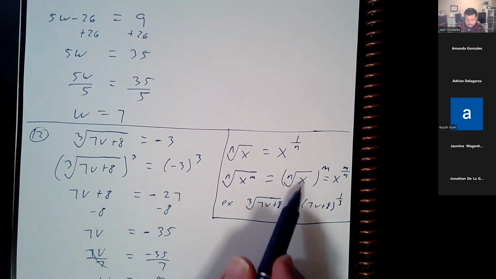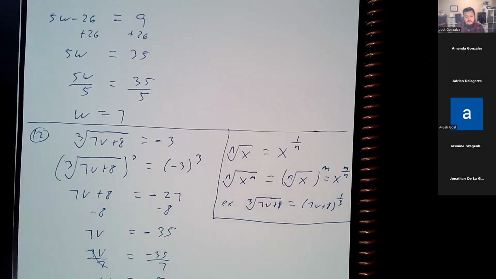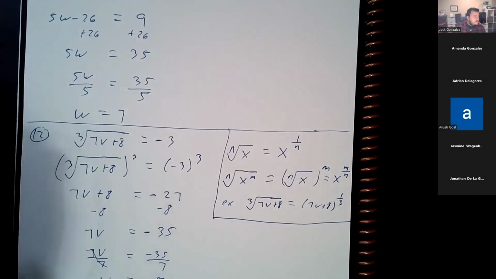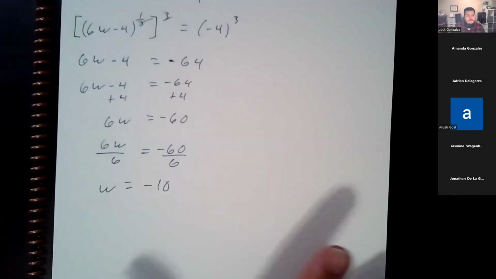So deal with this and then do the m. But if it's a 1, you don't have to worry about that. If it's a 1, it's just like the cube root. We'll do one that has a different m right now. Any questions on 13 though?